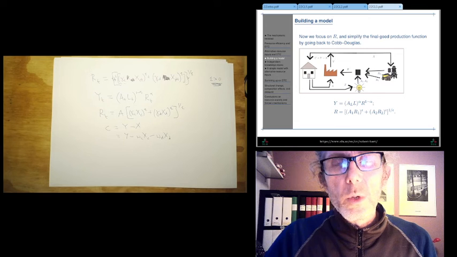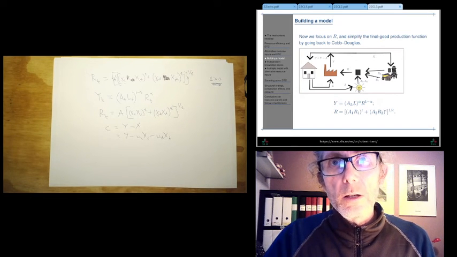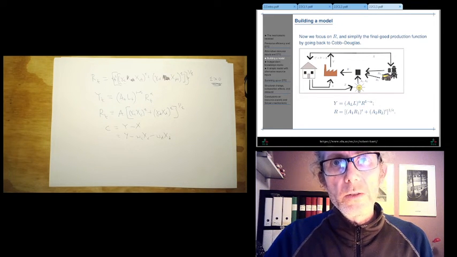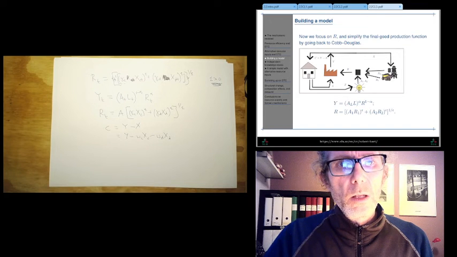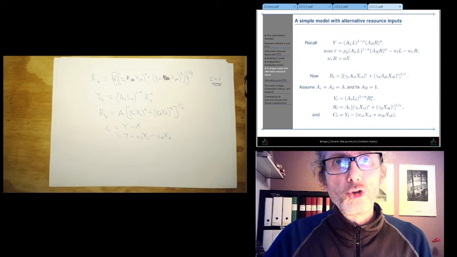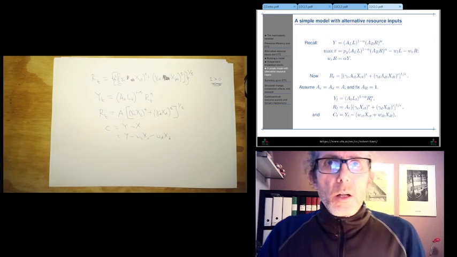Okay, so we haven't actually specified here, we've just got a big X, but we can think of these inputs into these two sectors being w_D X_D and w_C X_C, if we're calling these clean and dirty.